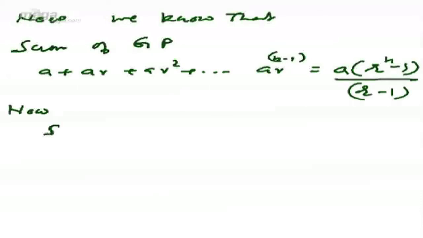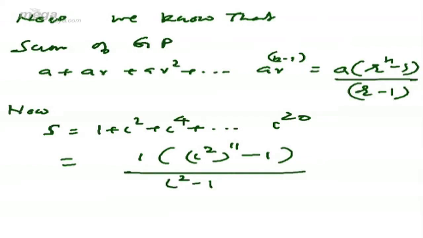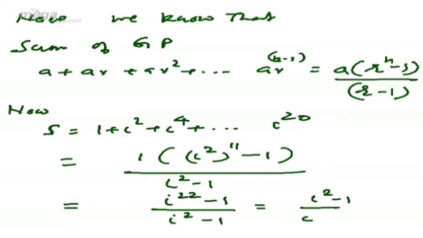Now the sum can be written as 1 into i square to the power 11 minus 1 divided by i square minus 1. So this will become i to the power 22 minus 1 divided by i square minus 1. i to the power 22 can be written as i square, so i square minus 1 divided by i square minus 1. So this will cancel out, it will become 1. So you can also do this problem by summation of the series, and the series is a geometric progression.